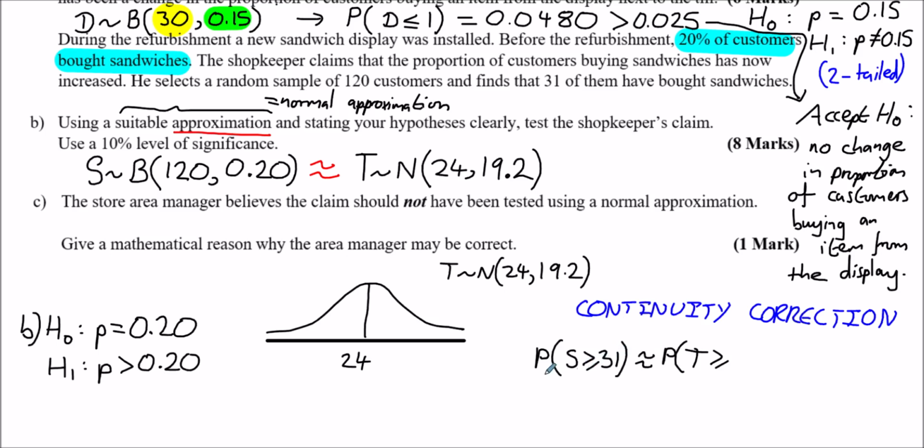Because we're including 31, we start at the beginning of the unit. So 1/2 of a unit less than 31 is 30.5. So using the normal approximation, we're trying to find this area here. So we're after the probability that the normal approximation takes on a value of 30.5 or greater.